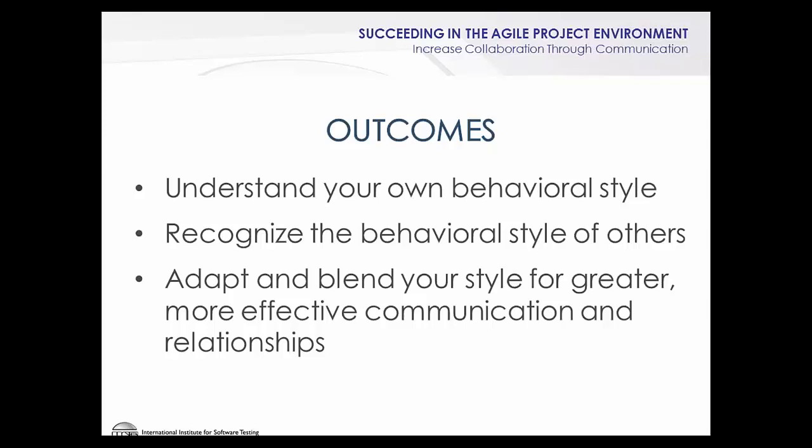There's really no right or wrong behavior here. This is about effectiveness and awareness. And I have to say that the best, most effective teams out there really have a representation of each behavioral style on their team. It's kind of the yin and the yang. They complement one another.